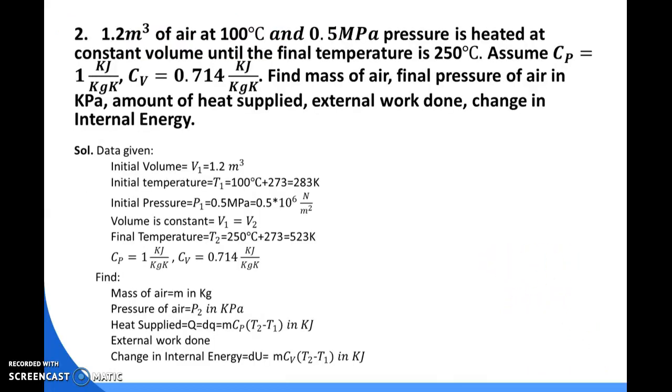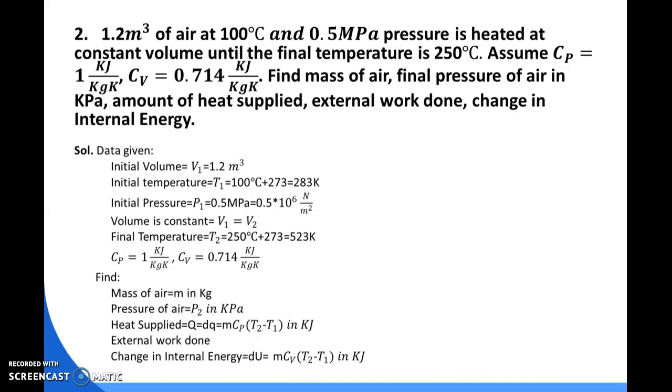Next numerical problem. It is an important problem. Let me read the question. 1.2 meter cube of air at 100 degree centigrade and 0.5 MPa pressure is heated at constant volume until the final temperature is 250 degree centigrade.